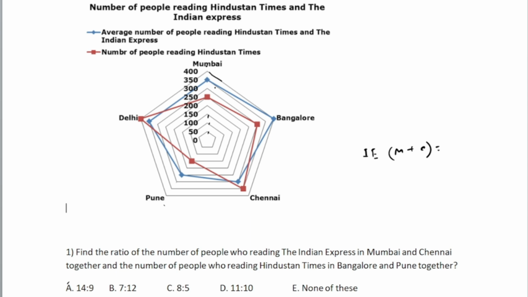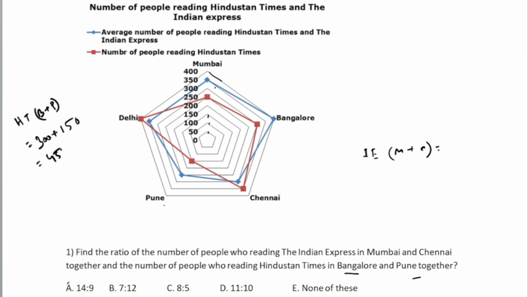सो मुंबई में कितने सारे लोग हैं जो इंडियन एक्सप्रेस पढ़ रहे हैं. सो इंडियन एक्सप्रेस का डायरेक्ट जो वैल्यू है वो नहीं दिया हुआ है, उसको निकालना है, लेकिन ये हिंदुस्तान टाइम्स का दिया हुआ है. हिंदुस्तान टाइम्स इन बैंगलोर एंड पुणे, पहले उसको निकाल लेते हैं. बैंगलोर में हिंदुस्तान टाइम्स है ये 400, 350, then 300, and पुणे में हिंदुस्तान टाइम्स है 400, 350, 300, 250, 200, 150.